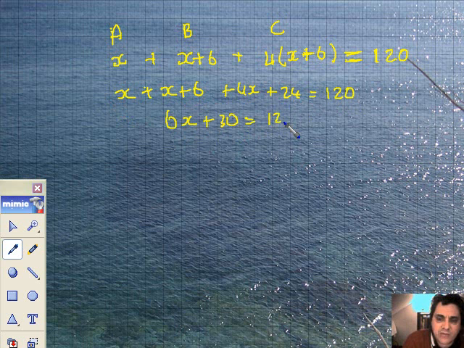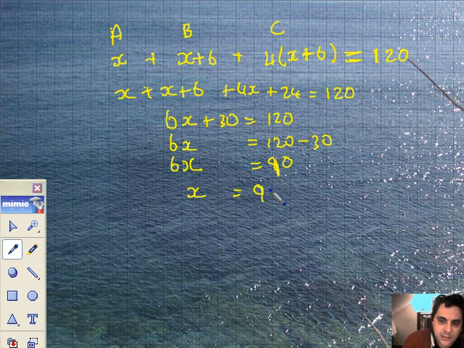All comes to 120 counters. Subtract the 30 from next door. This will be 120, take away 30. So 6 x's come to 90. And now divide by 6. So x is going to be 90 over 6. That makes x to be 15.